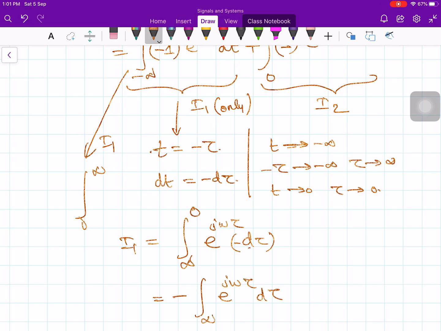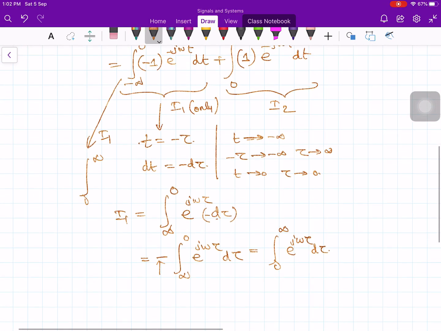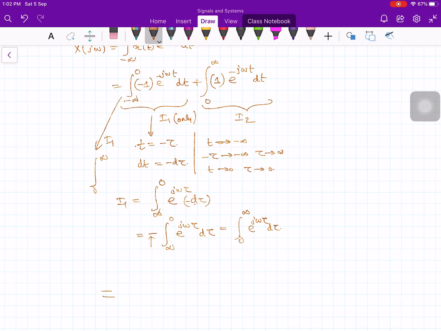Now interchange the limits, then because of that you will get one more minus, so that minus and the already existing minus become plus. Therefore, 0 to infinity e to the j omega tau d tau. So the first integration I can write as the integral from 0 to infinity of e to the j omega tau d tau, plus the integral of e to the minus j omega t dt, and the limit is again 0 to infinity. So that is the whole idea of this substitution.